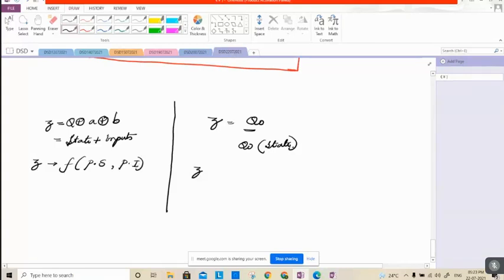Now here Z is a function of present state only.